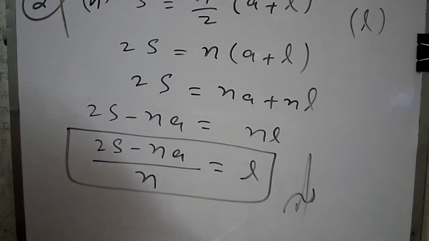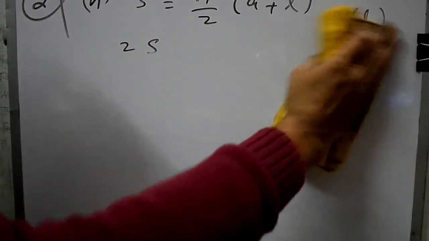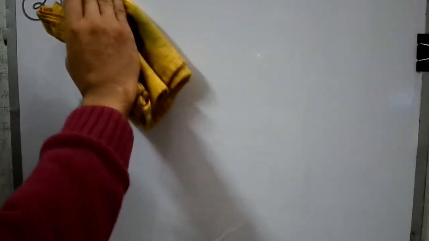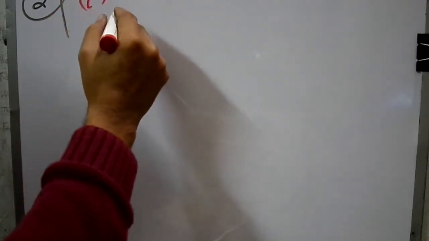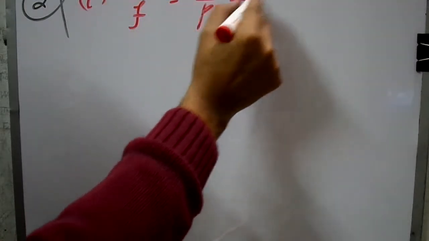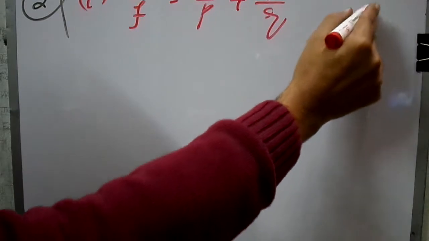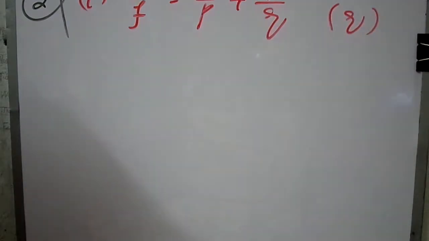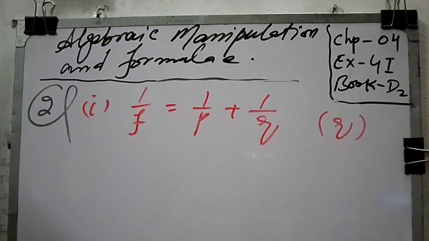So coming to the next part, that is I part, that is 1 by F is equal to 1 by P plus 1 by Q. You have to make Q as a subject. So how can you make it?